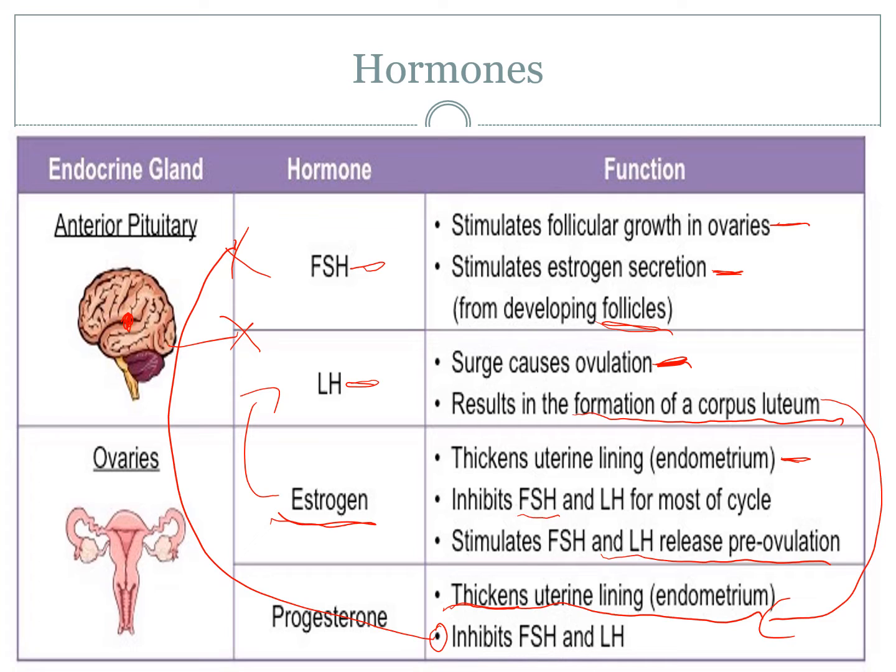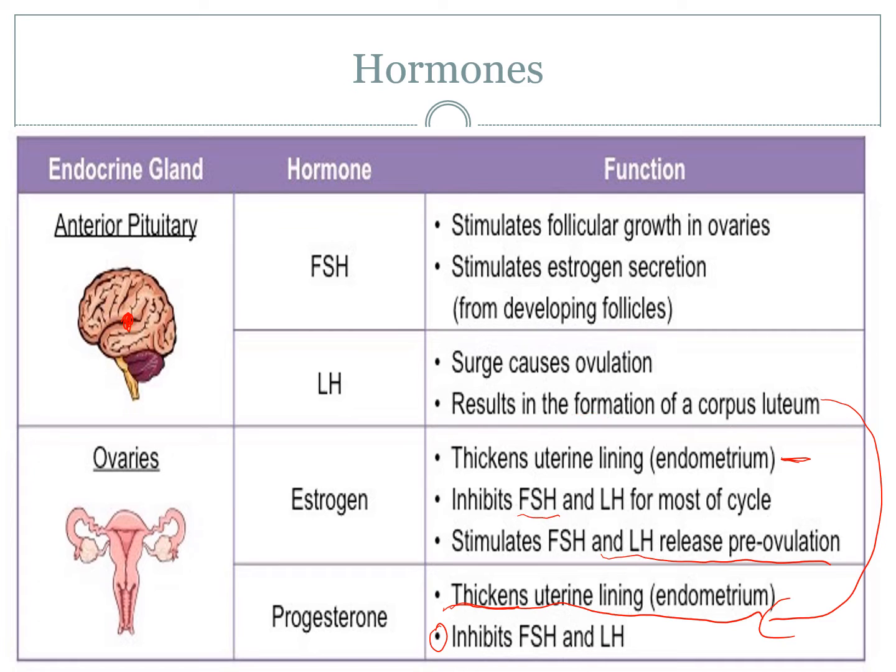Now if, in this case, we'll say that fertilization does not occur, therefore luteinizing hormone is turned off, which causes the corpus luteum to degrade, which means less progesterone is produced because there's no forming ovum within the ovaries. Estrogen levels reduce as well, and with the reduction of estrogen and progesterone, the lining of the uterus actually starts to degrade and then breaks down.